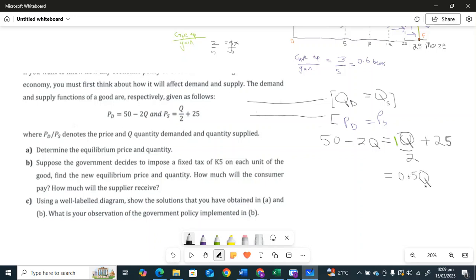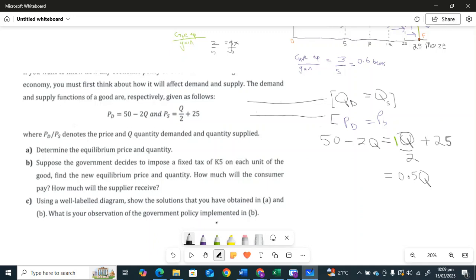Colleagues, are we okay with that? That will make life easier. Or if you want, you can still work with fractions. Once you bring this negative 2Q this side, you solve it like a fraction. Either way, you still get the same results.